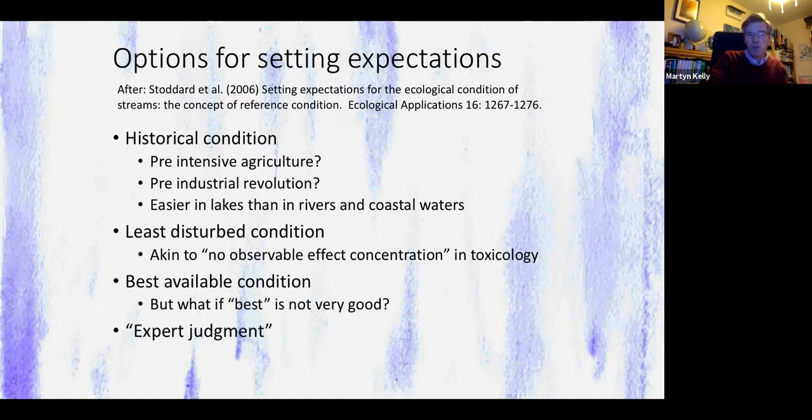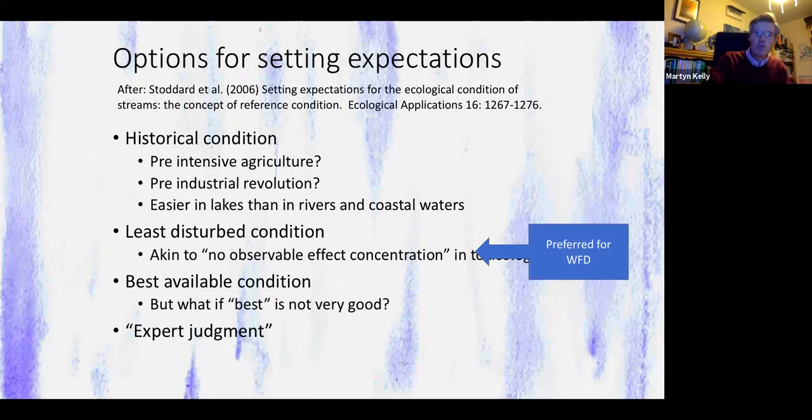And then finally, the Water Framework Directive always falls back on this term expert judgment. And expert judgment can mean experts making a judgment based on all their experiences, but sometimes it means guesswork, and sometimes it means defaulting to a number that the bureaucrats aren't going to argue with. So on the whole, the Water Framework Directive prefers to go with the least disturbed condition if possible.